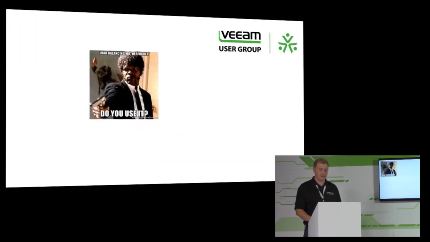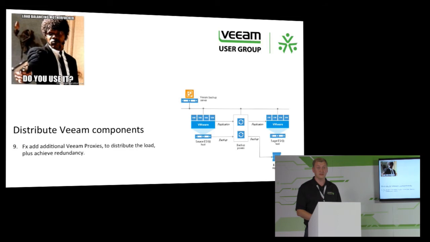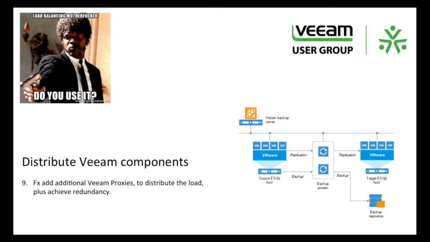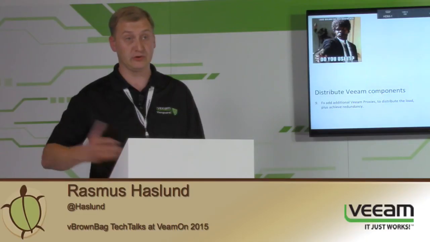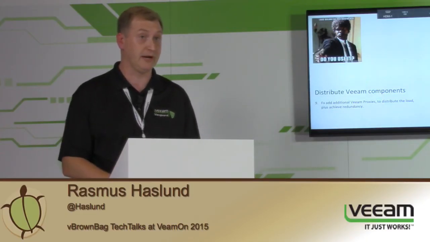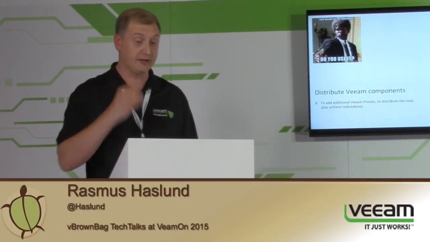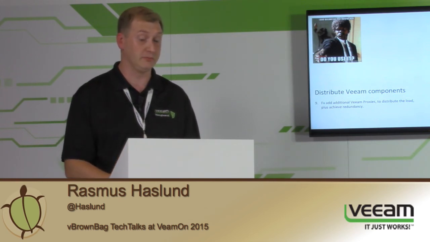Another item you can take a look at is the whole distribution of Veeam components. It may be that you have one physical proxy, and this was really good when you deployed it, but now, with the number of virtual machines you have to process, maybe there's a load problem. Obviously, if you have money to throw at it, you could scale out with additional physical proxies, but if you don't have budget for that, another option could be to use some virtual Veeam backup proxies.